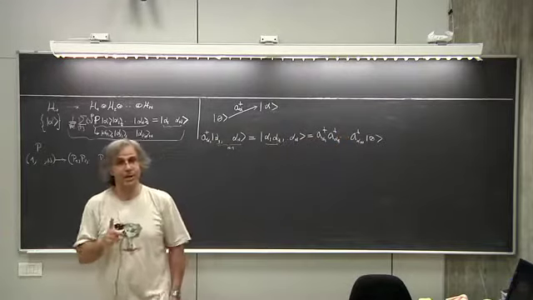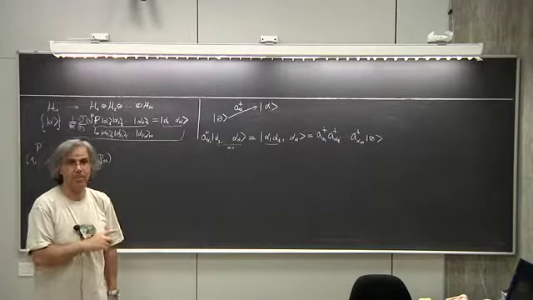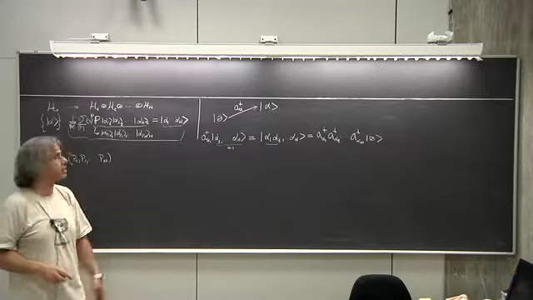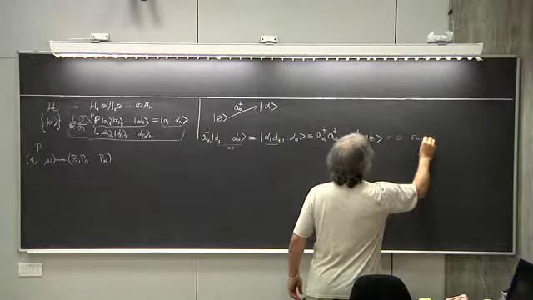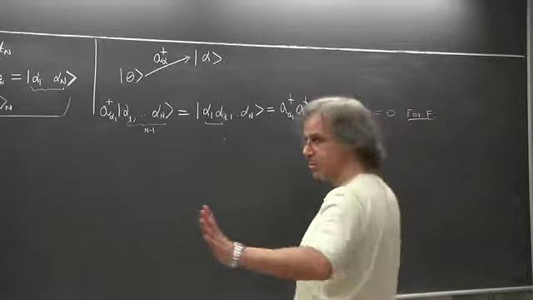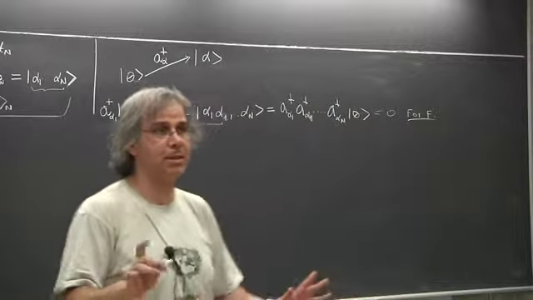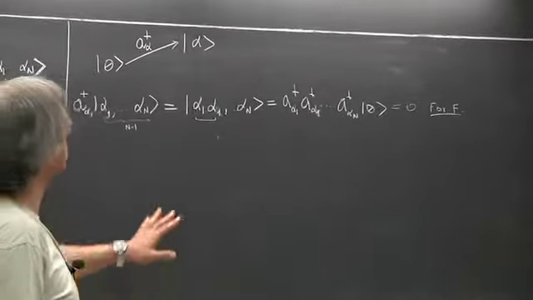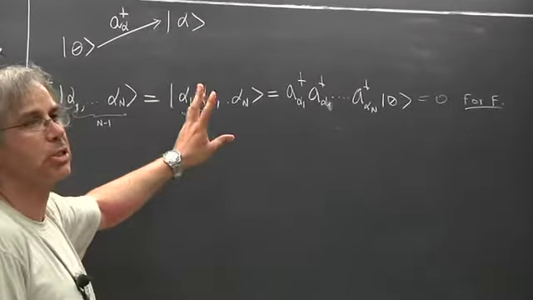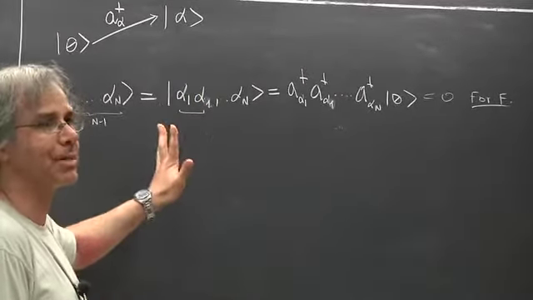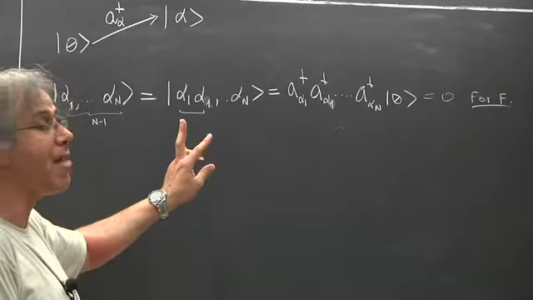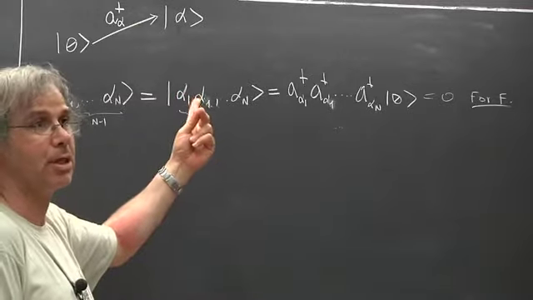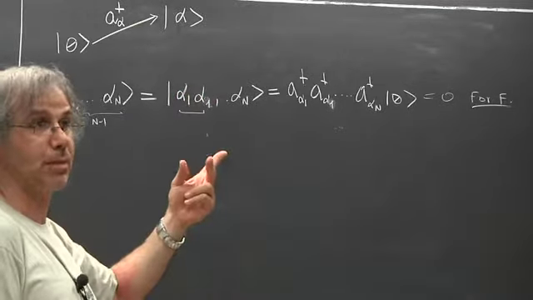Nothing is wrong, except that if these are fermions, the Pauli principle immediately tells you that this object is 0. So this is 0 for fermions. For bosons it's fine, because this thing is totally symmetric, who cares? But since for fermions this is totally antisymmetric, every transposition of two things brings a minus sign.